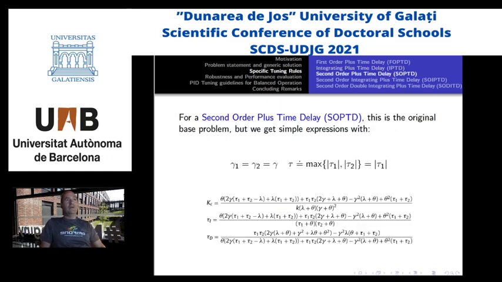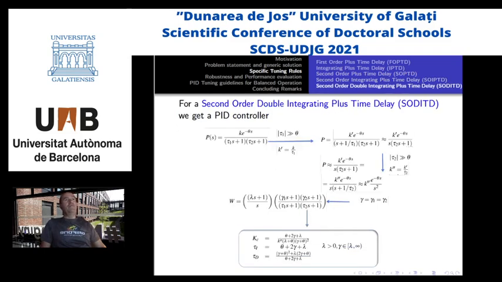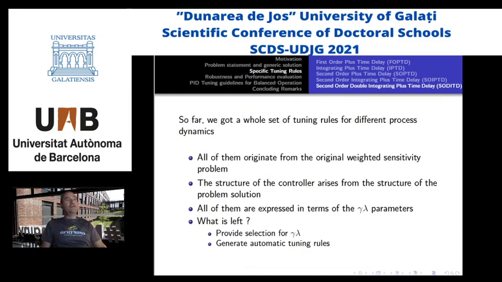Okay, second order plus time delay, this is the generic one that we got. Okay, second order integrating plus time delay. Okay, another tuning, and finally second order double integrating plus time delay.